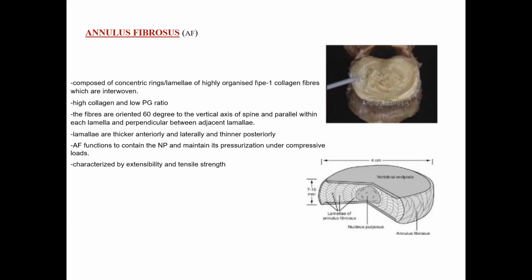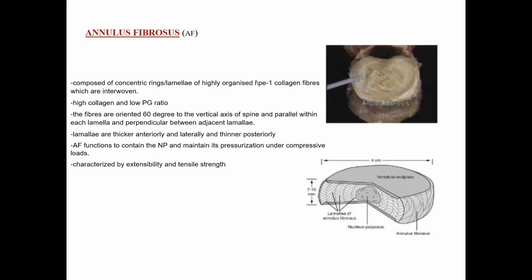Lamellae are thicker anteriorly and laterally and thinner posteriorly, as you can see in the structure. The annulus fibrosus functions to contain the NP and maintain its pressurization under compressive loads.